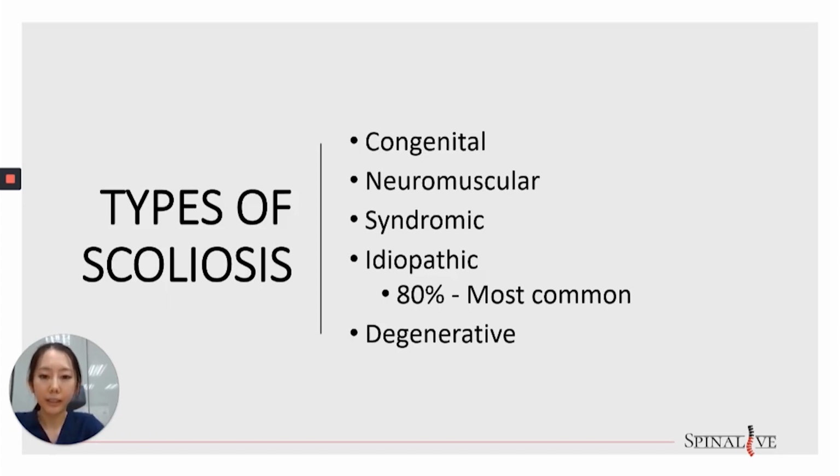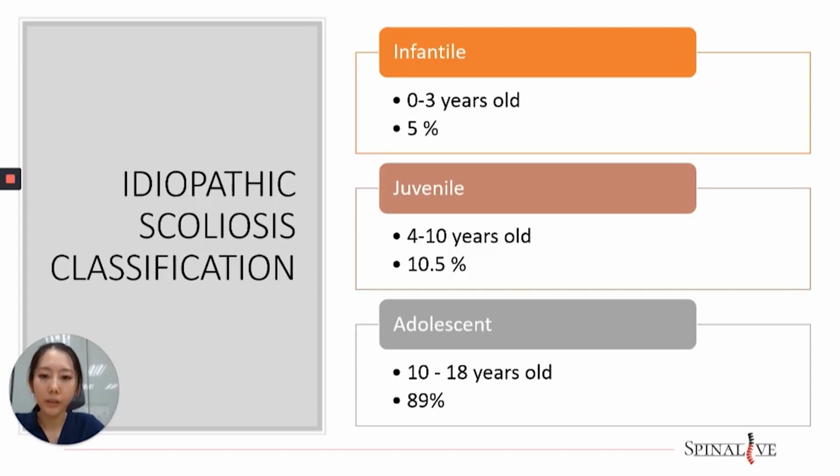And there's also another category, which is the degenerative type. Degenerative scoliosis usually affects elderly people who have hit menopause.